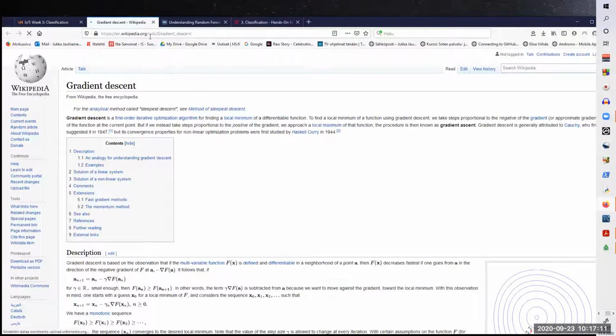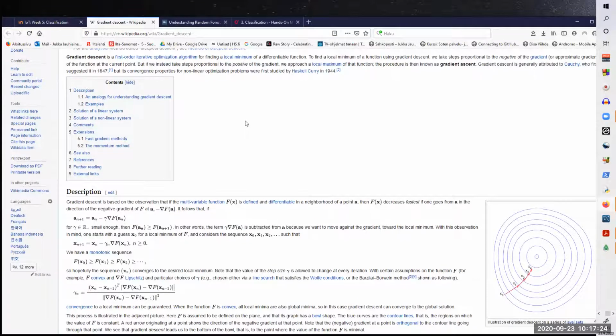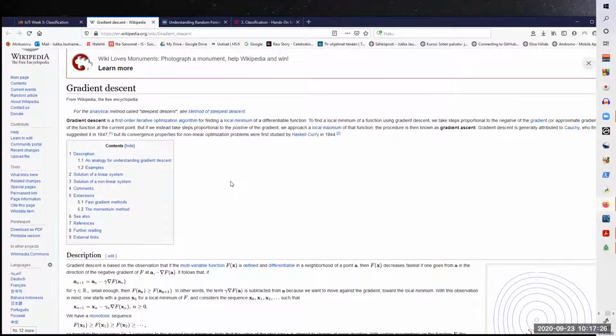Gradient descent is another method, an optimization algorithm that tries to find a local minimum of a function. It must have a differentiable function, so it calculates the partial derivatives of all the variables and then tries to find a local minimum according to the direction of the gradient.